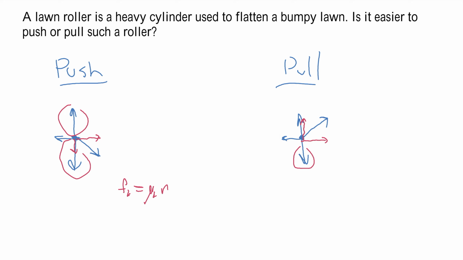So when I'm looking at this formula for the kinetic friction force, because I reduce the weight, I reduce the normal force, which means I'm reducing the friction force as well. So therefore, it will actually feel a little bit easier to pull. Okay? So that's why. It's easier to pull than it is to push the roller or the lawnmower or whatever. So kind of an interesting result there.